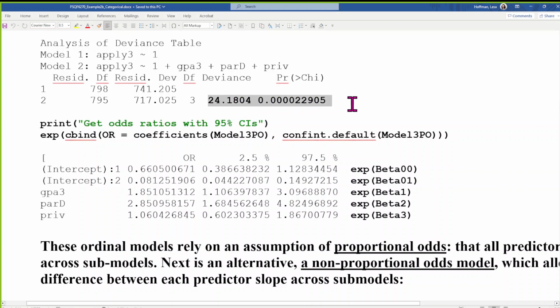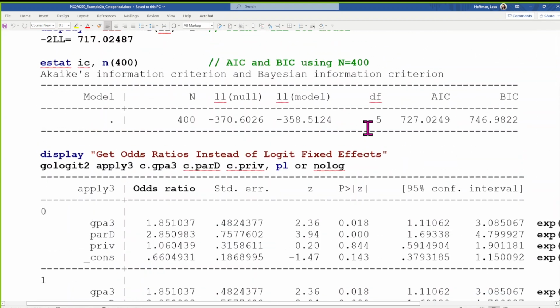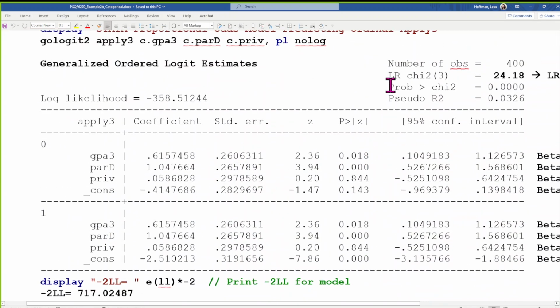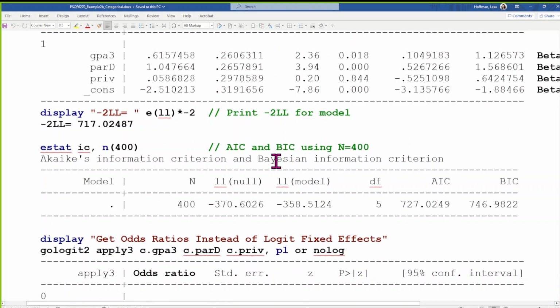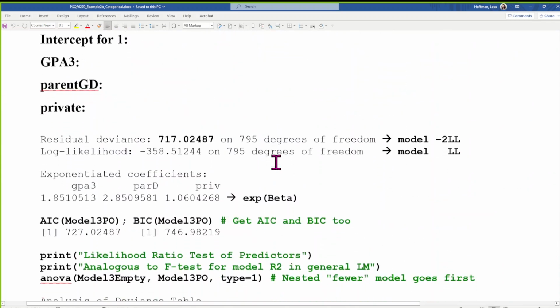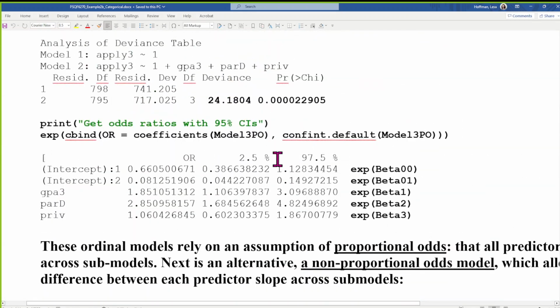This 24 likelihood ratio test statistic with the p-value is exactly what we see right here for you. So it's doing it for you. So anytime you have a comparison against an empty model, Stata will do that likelihood ratio test for you. But if you want to compare alternative models that you fit, you have to do that yourself with the LR test function. Okay.